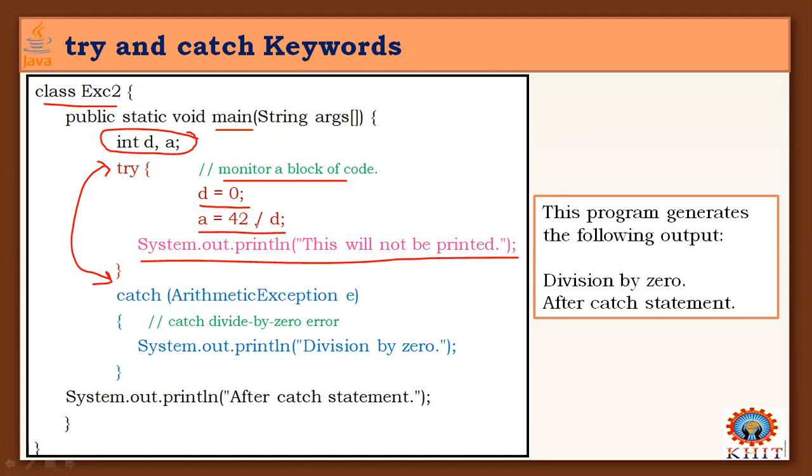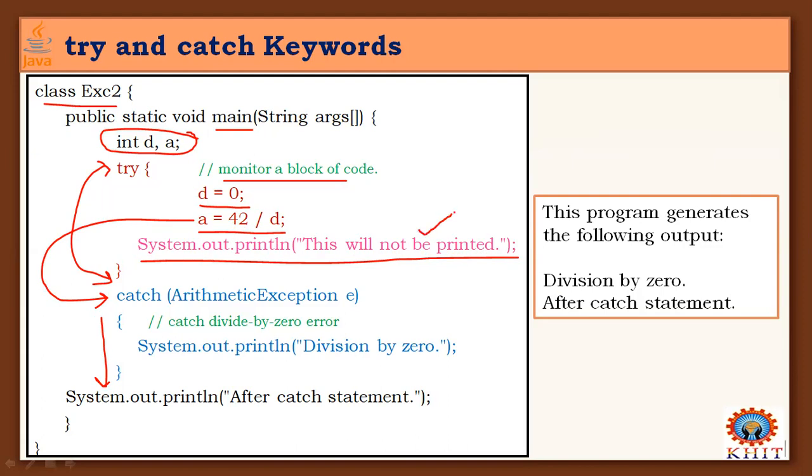After this expression statement generates the exception, check this: this statement will not be printed. Why? Because when the exception is generated at this point, the control goes to this catch block for handling this exception. After that, control automatically goes like this, and it never returns to this try block to execute the remaining statements.